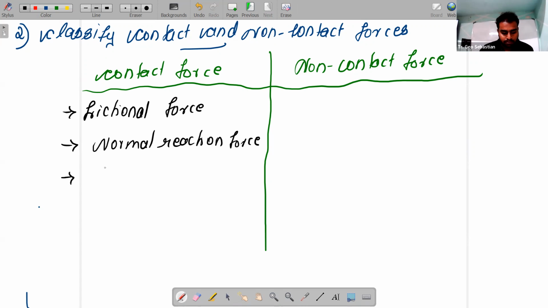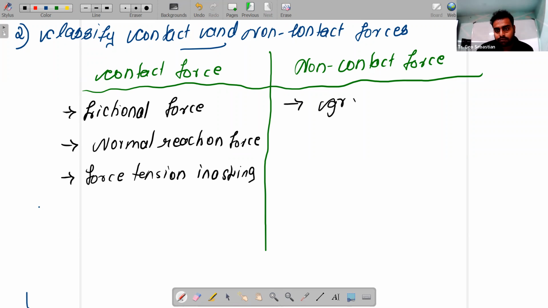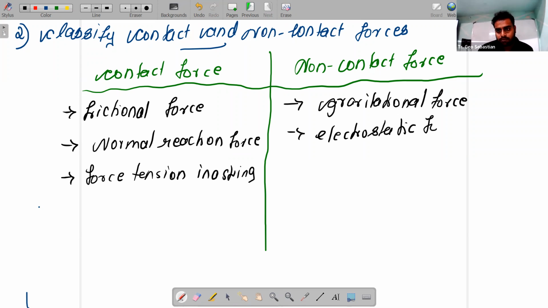Third one, tension in a string. What are the examples of non-contact force? Gravitational force. Next one, electrostatic force. And the third one, magnetic force.